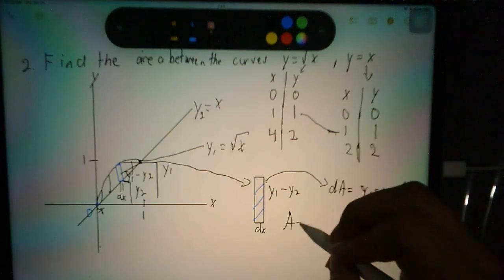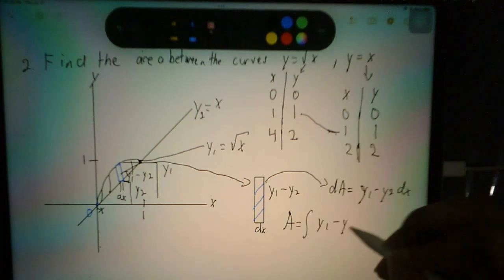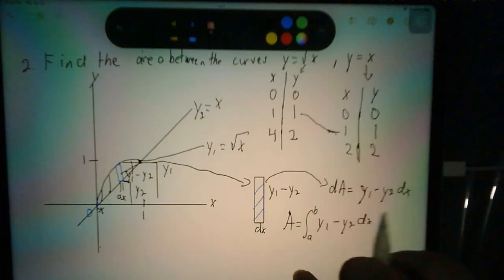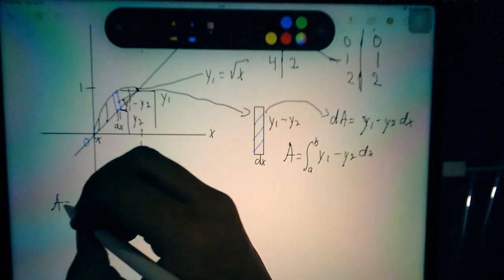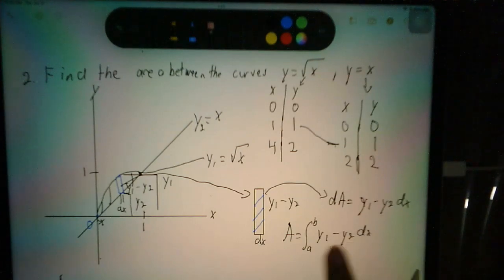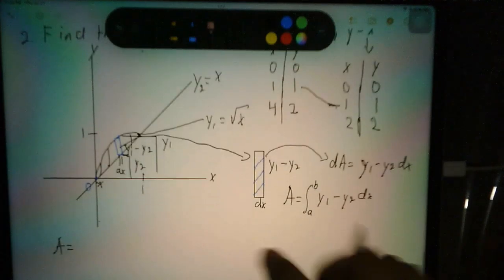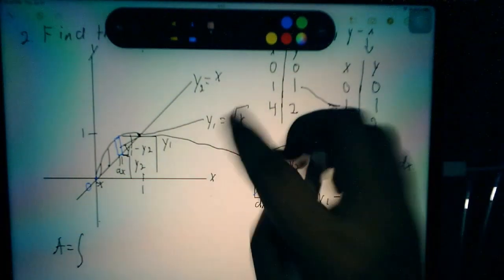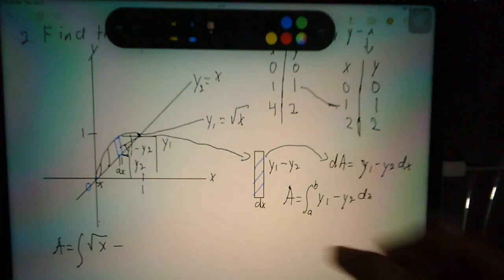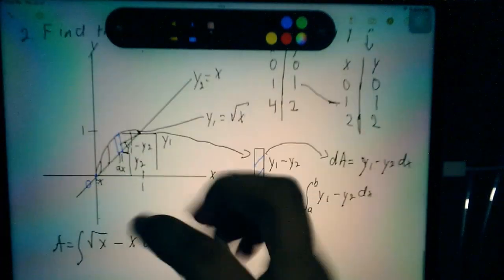So the integral of y1 minus y2 dx from limits A to B is equals to, let's put it here, and let's substitute the values of each letter here. y1 here is square root of x minus y2 here is x, dx from limits 0 to 1.